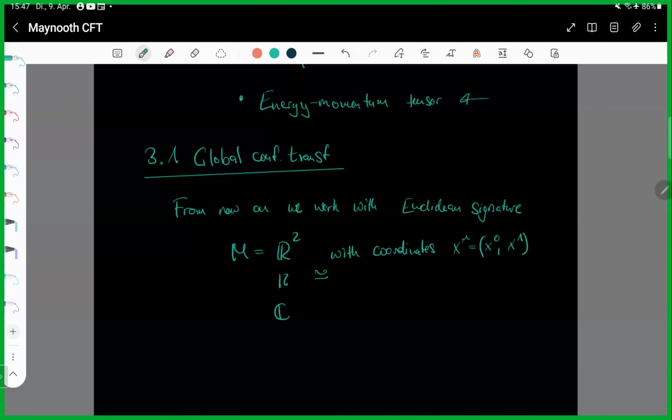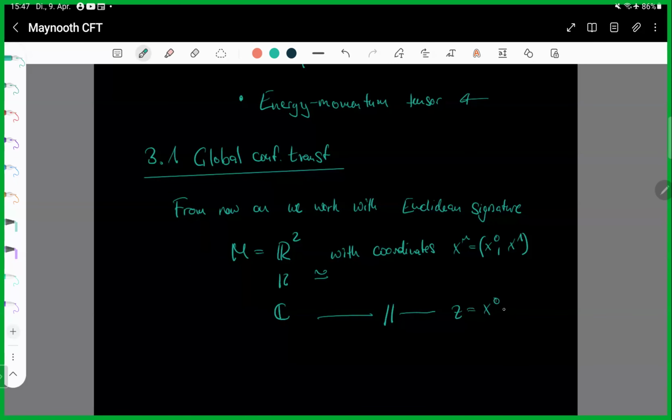We can also think of R2 as the complex plane, and then we can parameterize the complex plane by a complex coordinate.